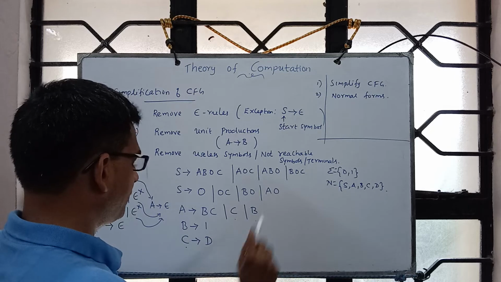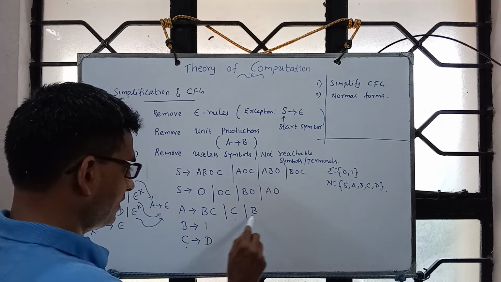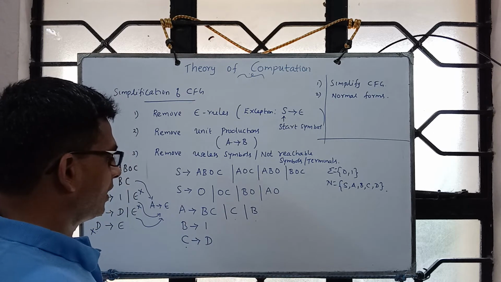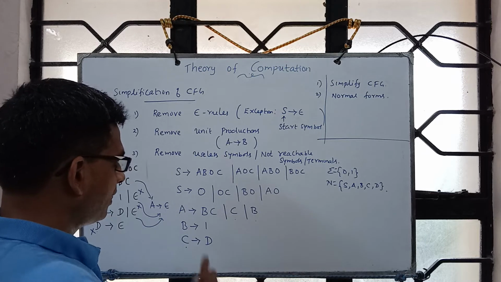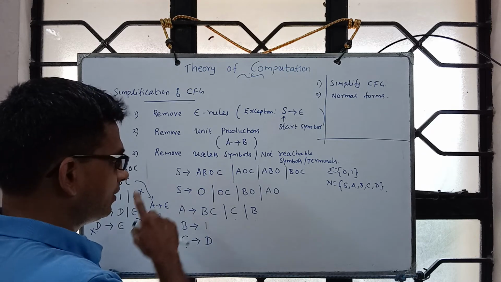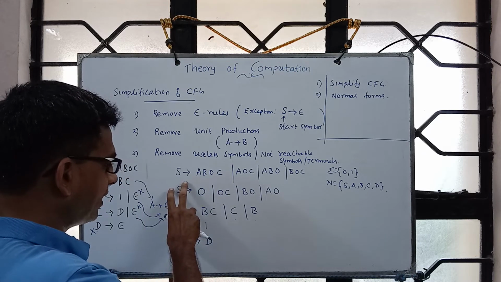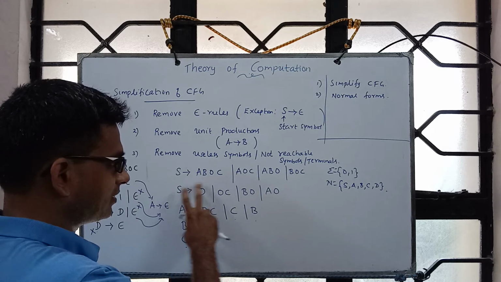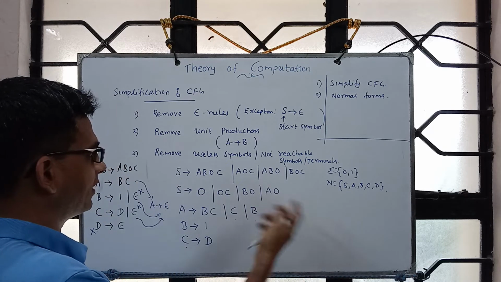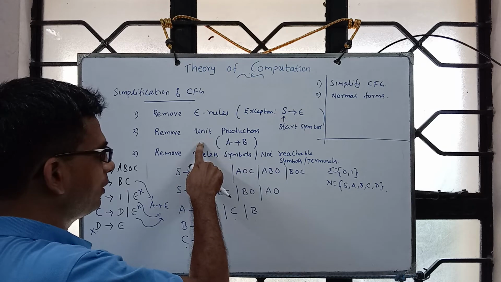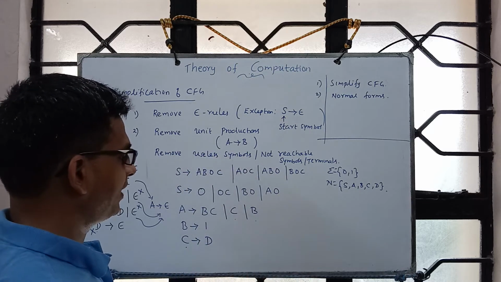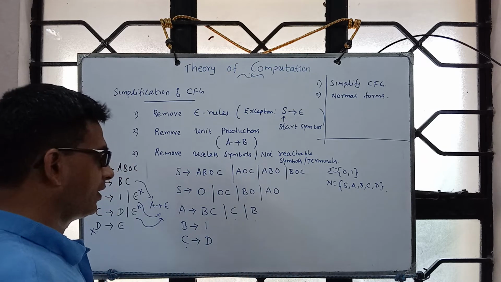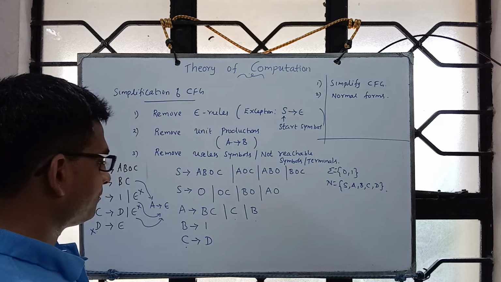In this there are no unit productions. In this we find. Okay. Again, when we do this, we should ensure that the language accepted by this and the simplified grammar, the grammar we obtain by removing unit productions, must be the same.